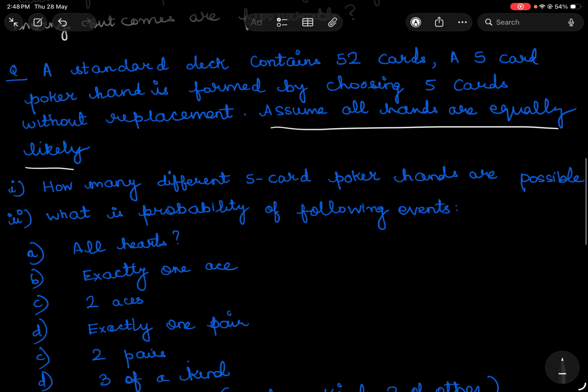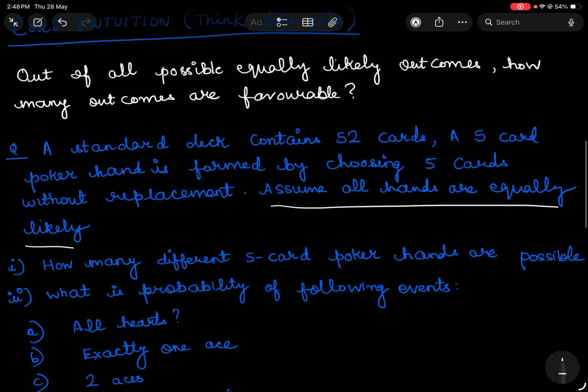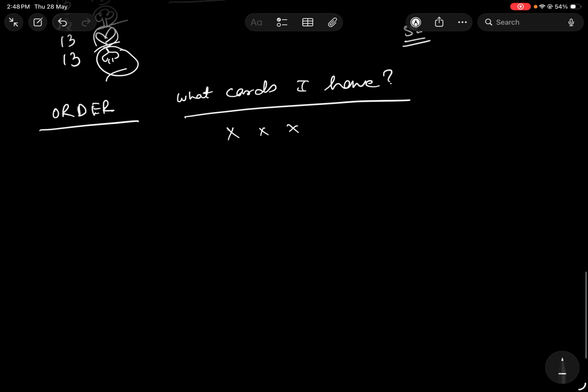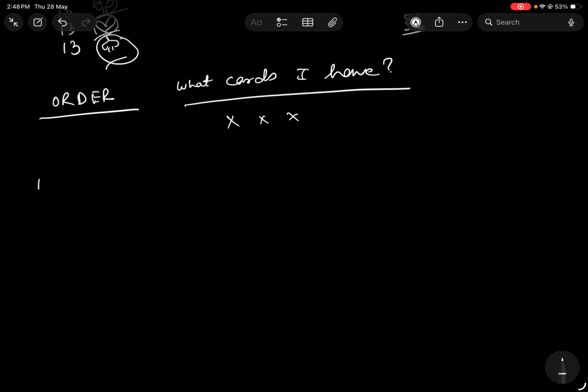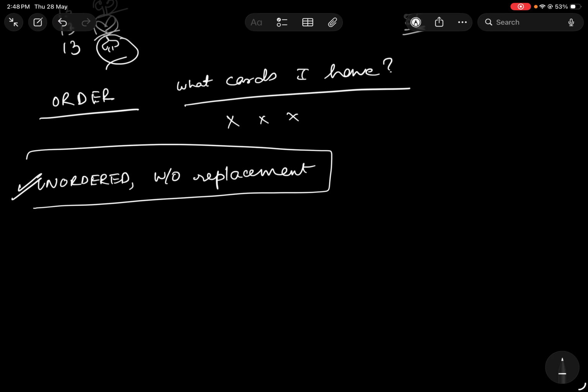And without replacement for sure. So this is an unordered, without replacement problem. Okay, and we have done this. Generally for this we go to combinations.